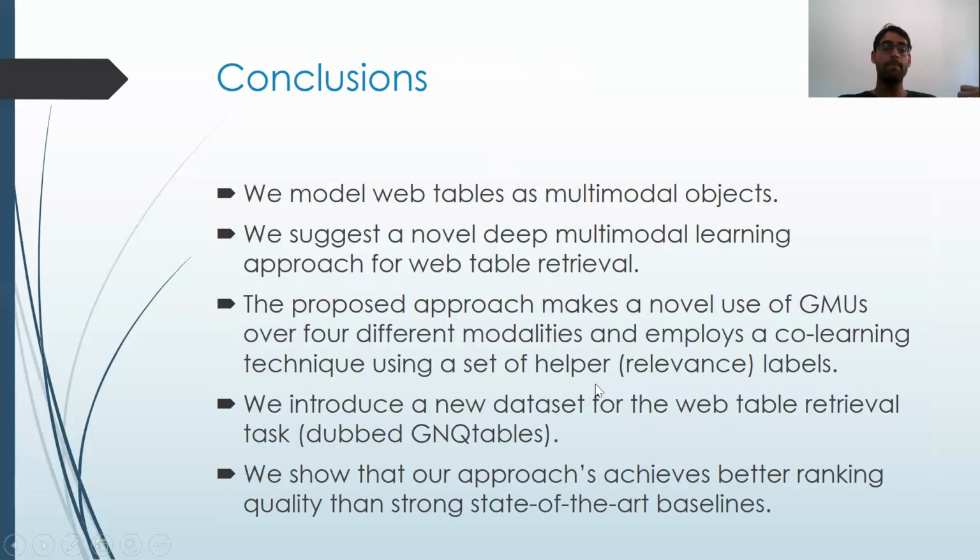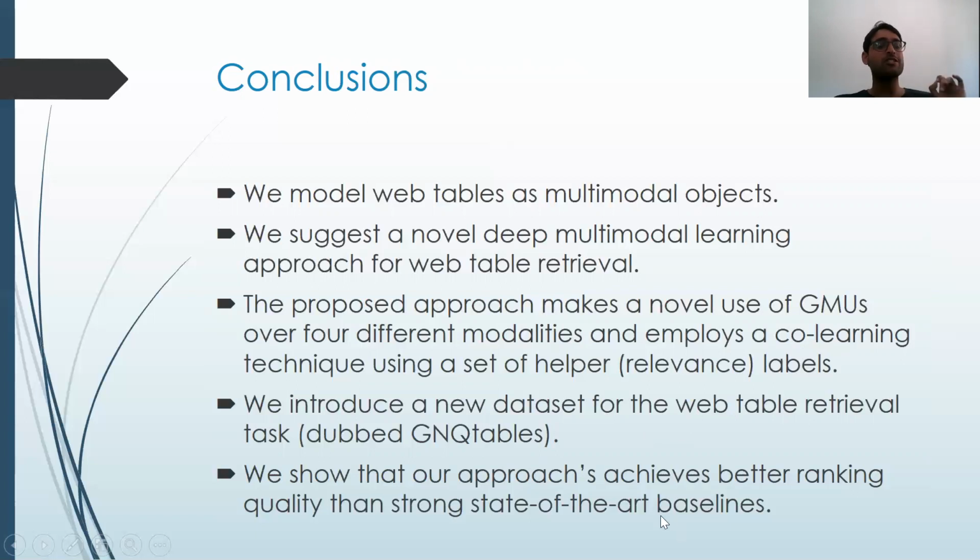To sum up, we model web tables as multimodal objects. We further suggest a novel deep multimodal learning approach for the web table retrieval task. Our proposed approach makes a novel use of GMUs over 4 different modalities. It further employs a co-learning technique using a set of helper relevance labels.